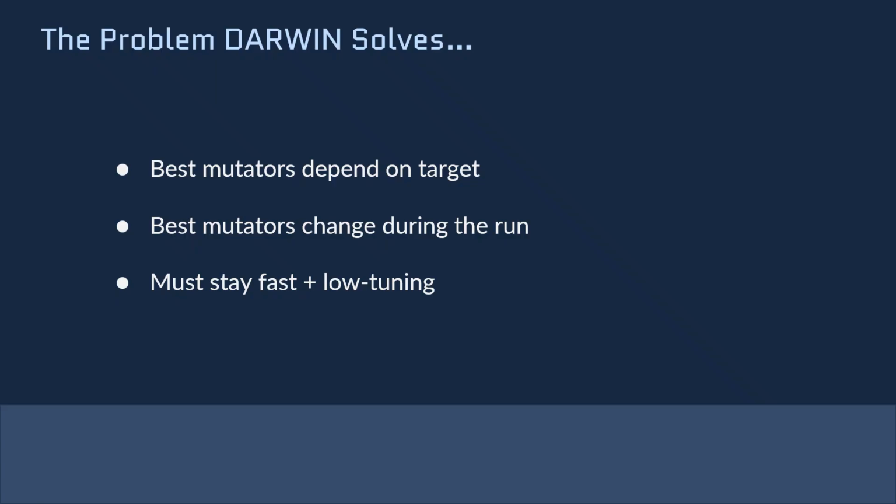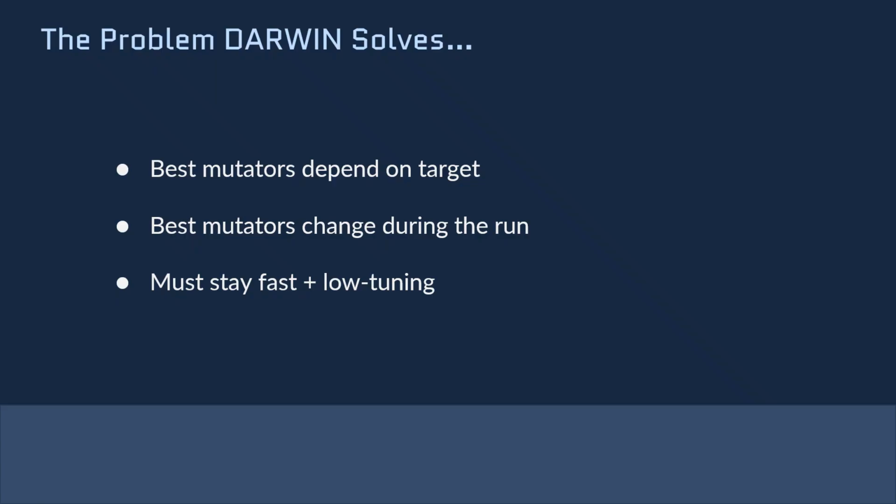And third, it must stay fast and low tuning. A scheduler that's smart but slows down execution is inefficient, and it can cause a net loss of functionality, because fuzzing itself lives on such huge execution counts, and a crucial part of that is being fast and working through those huge execution counts fast.